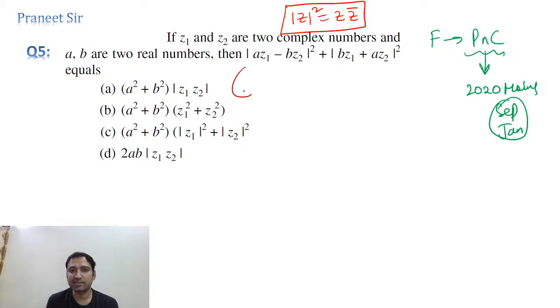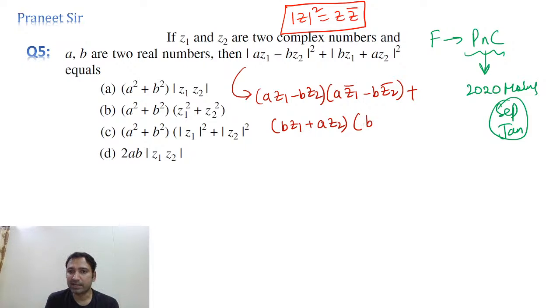We can write this as (az1 minus bz2) into (az1 bar minus bz2 bar), because a and b are real only, guys. Plus next, same, second one: (bz1 plus az2) into its complement (bz1 bar plus az2 bar). You calculate this, we'll get the answer.